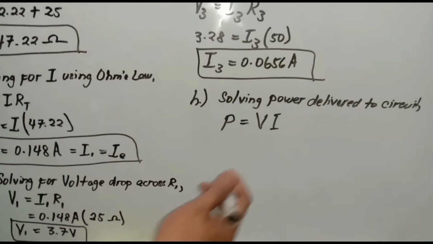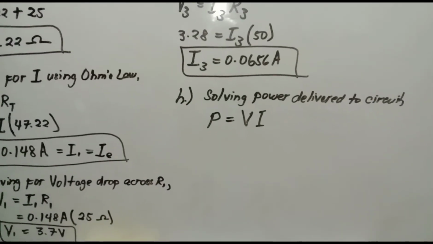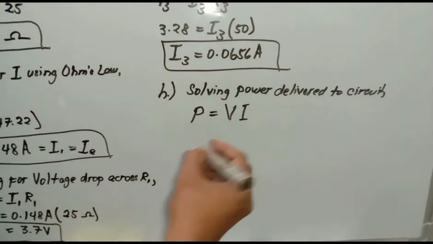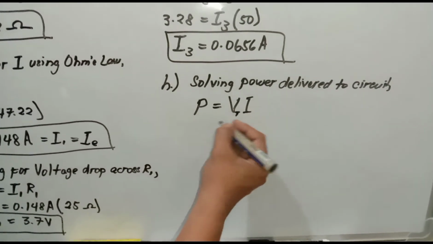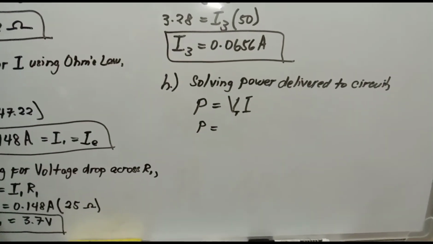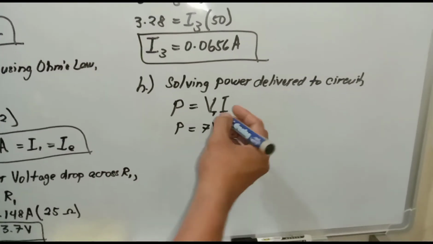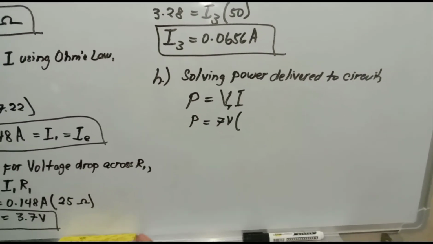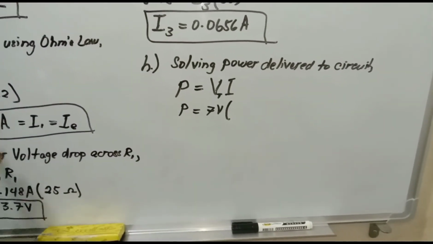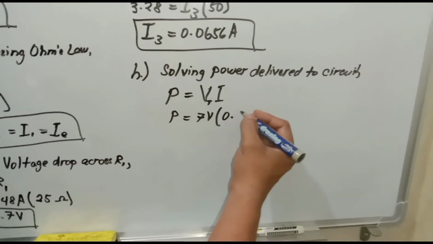This volt is VT, the total source, given as 7 volts. So power is equal to 7 volts times the current I. How much is I? I is equal to 0.148 ampere.